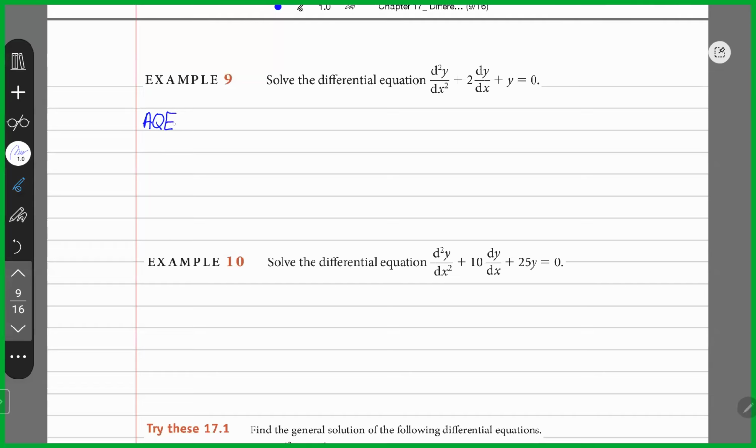The AQE is m squared plus 2m plus 1 is equal to 0, where the coefficient of m squared is the coefficient of d2y by dx squared, the coefficient of m is the coefficient of dy by dx, and the constant term of the AQE is the coefficient of y.